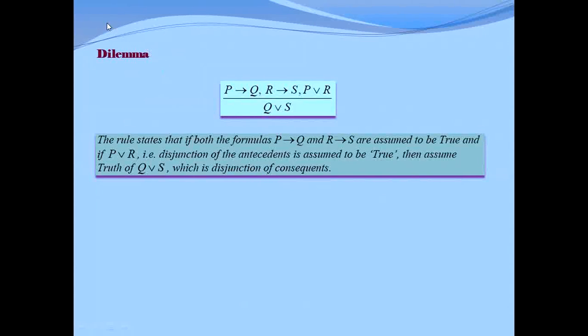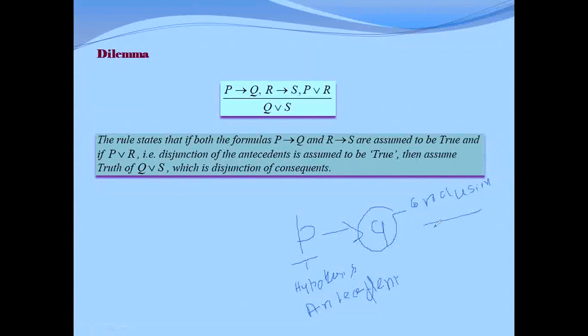In any given implies formula, in P implies Q, as I have already discussed, the left formula or proposition is known as the hypothesis or antecedent, and this Q is known as the conclusion. It is also known as the consequent.